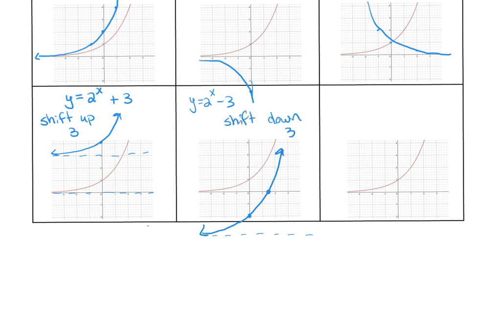And the last graph, y equals 1/2 times 2 to the power of x minus 2, minus 2. All right, lots going on here. The first thing I always do is, if there's a number at the end, I graph my asymptote. It's going to go down 2.